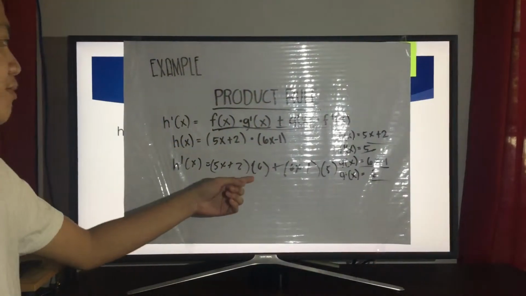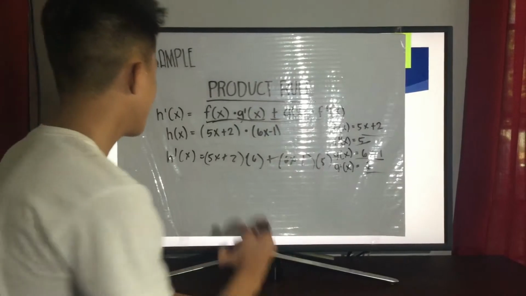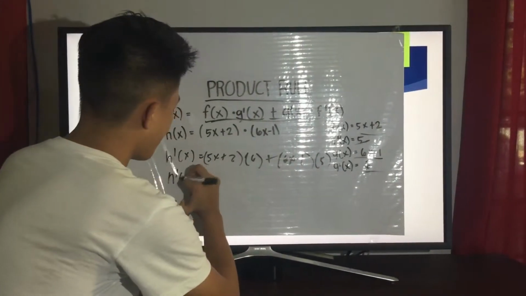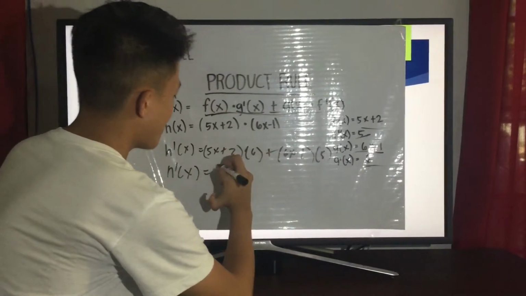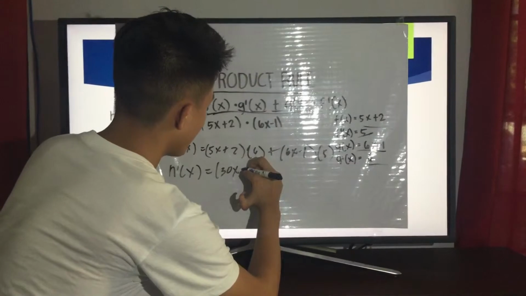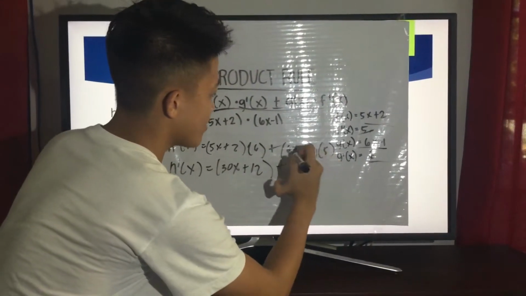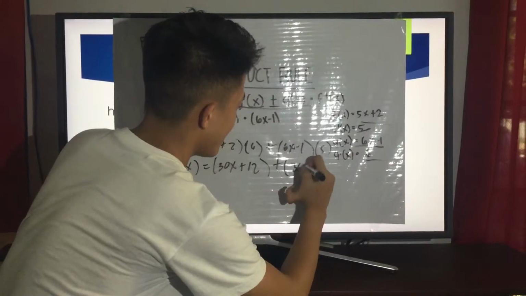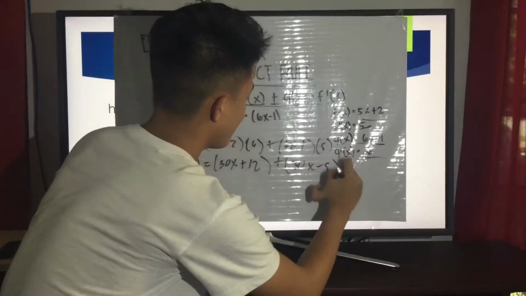Then we will distribute the derivatives of the g of x and the f of x. So h prime of x is equals to 6 times 5x is 30x plus 6 times 2 is 12. Then plus 5 times 6x is 30x. 5 times negative 1 is negative 5.